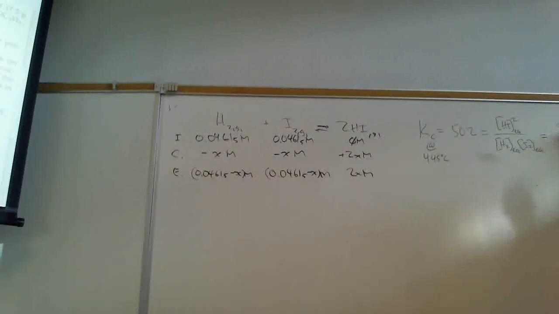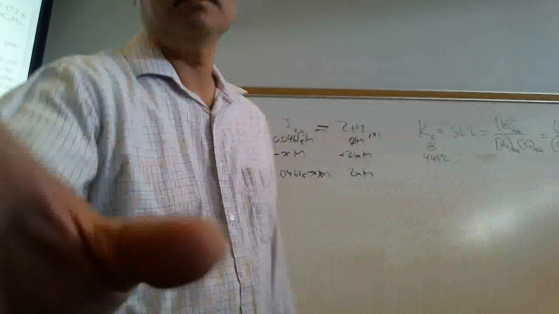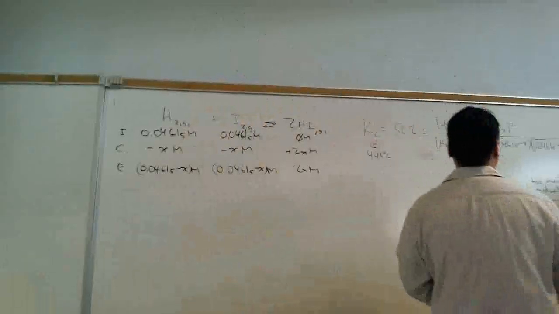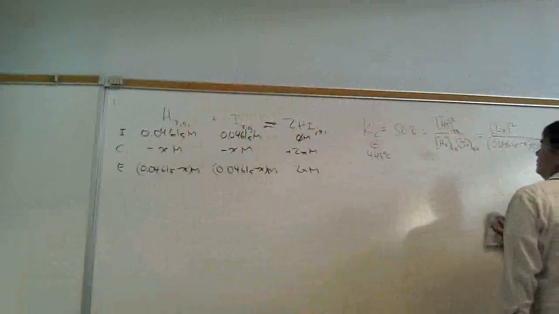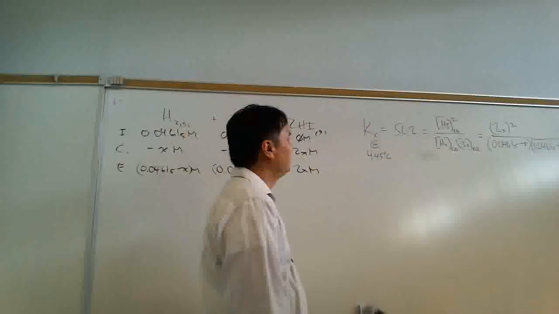This is going to be (2x) squared times (0.04615 minus x) times (0.04615 minus x). This is a quadratic equation, so we'll figure out how to solve this.